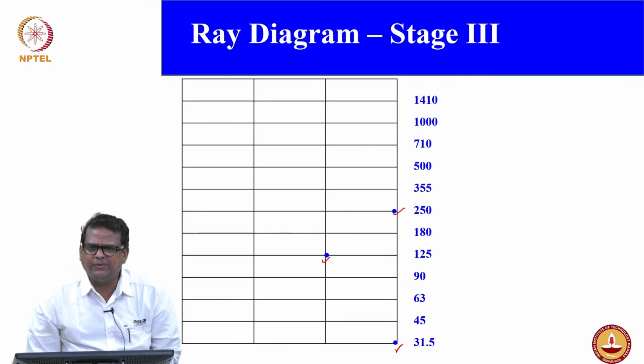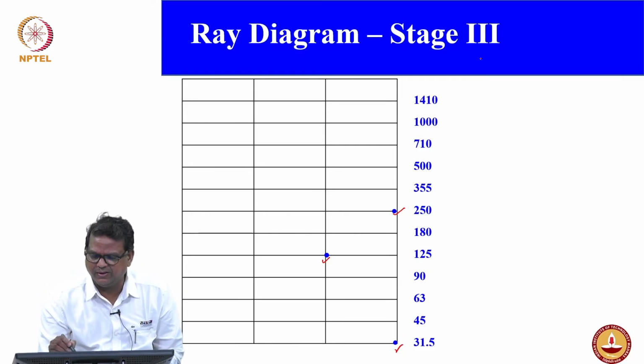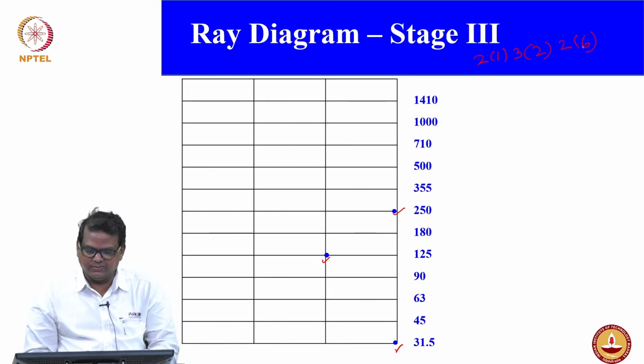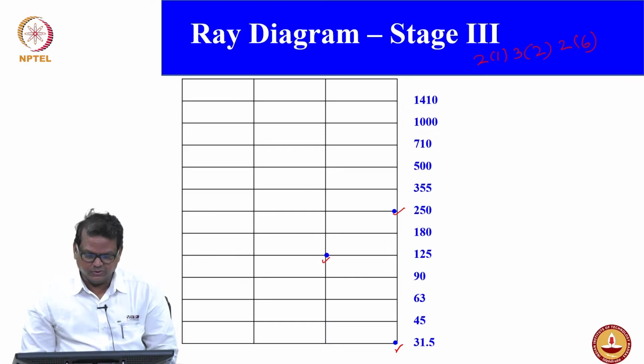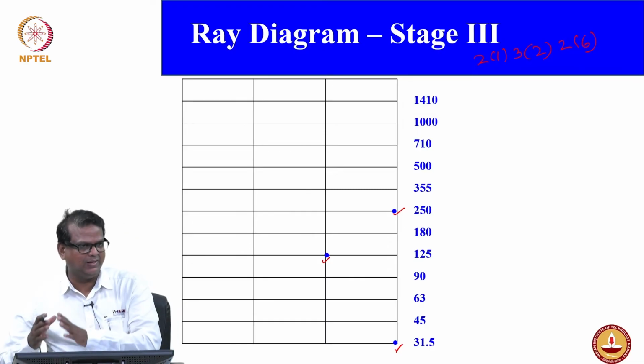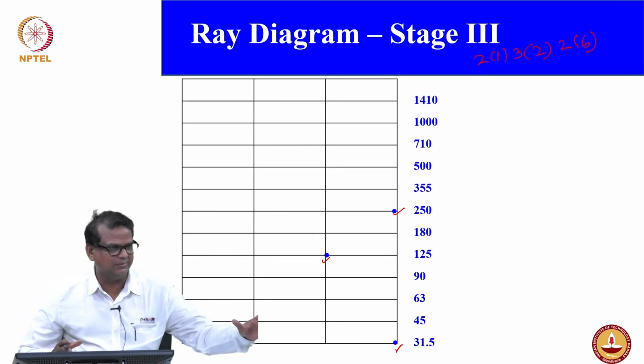So, is it enough now? What is the structural formula again? 2 of 1, 3 of 2, and 2 of 6. Now, since we are starting from the last stage, move on to the first stage.